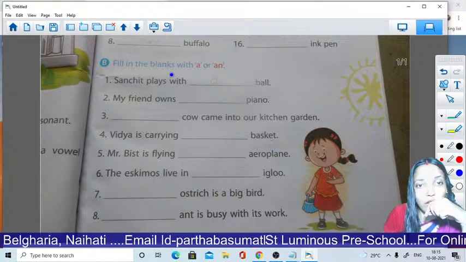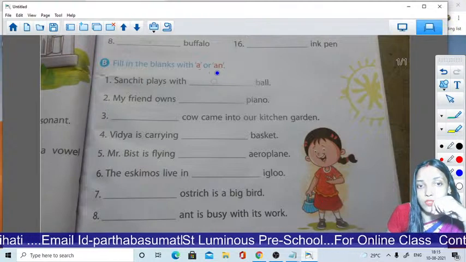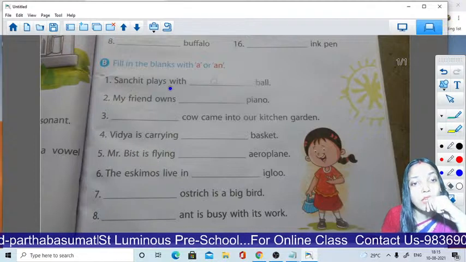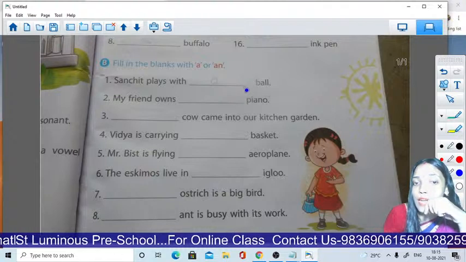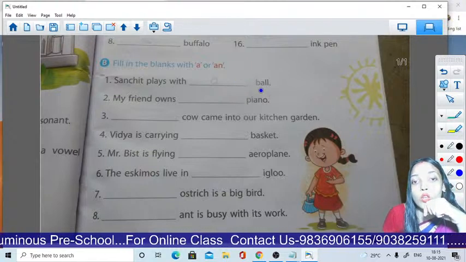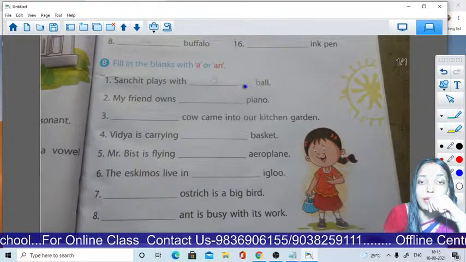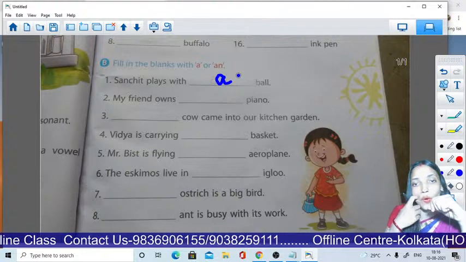Fill in the blanks with a or an. Number 1, Sanjit plays with blank ball. What can I write before ball? Look here. The beginning letter of ball is B. So write here a. A ball.